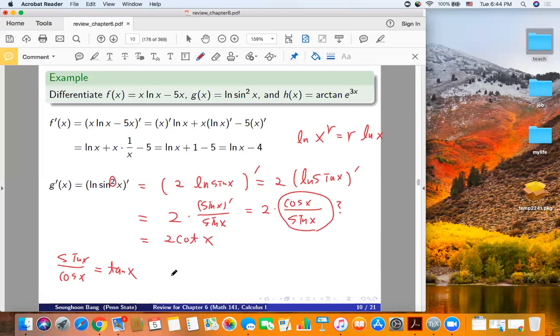One more, really be careful with this one. What do you think? Is ln of x to the 5 equal to 5 times ln x? Yes, it's right. Here, same.